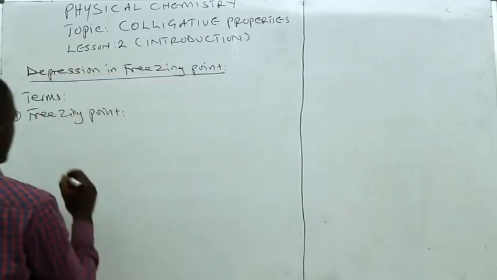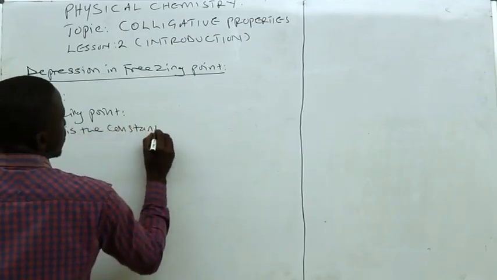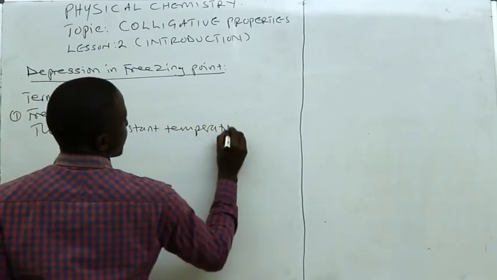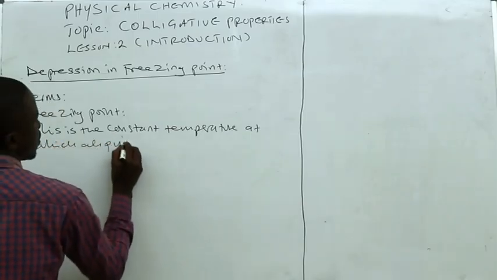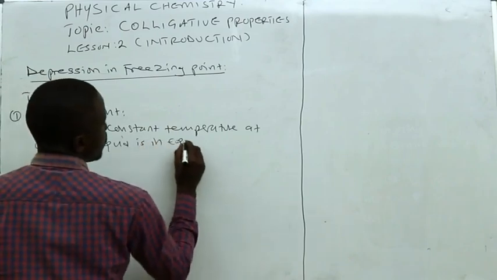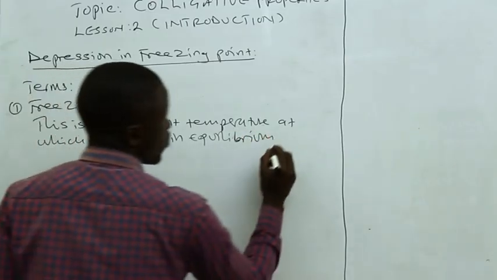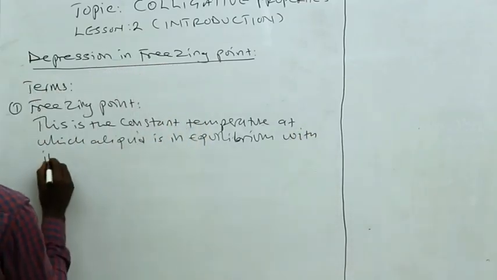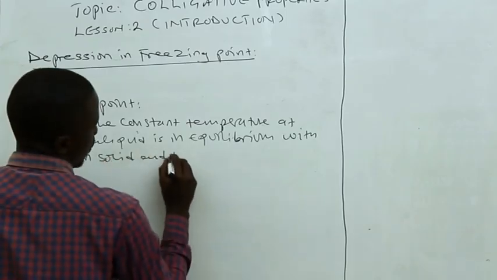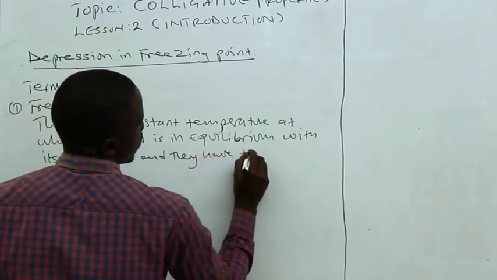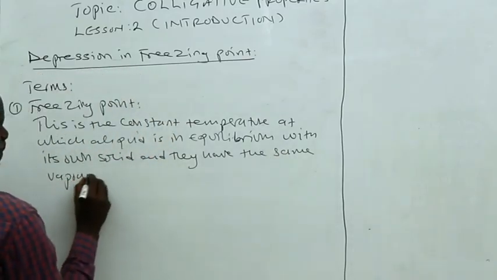This is the constant temperature at which a liquid is in equilibrium with its own solid, and they have the same vapor pressure.